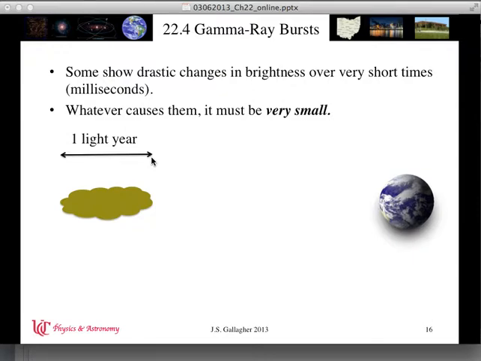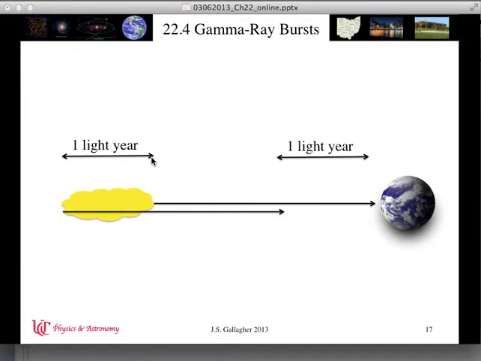If its brightness changes, let's see what would happen. Well, its brightness would click on, and the light from the front of that object, the heightened light, would start traveling towards the Earth at the speed of light.